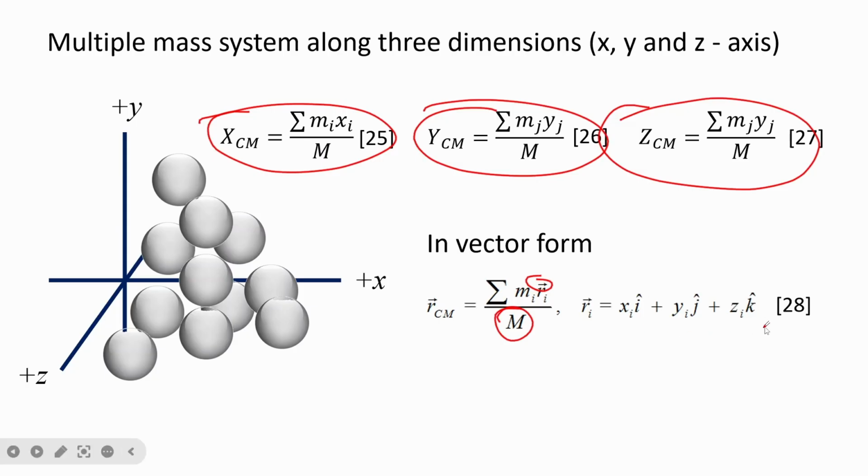So r_i indicates the position of the ith particle. For example, this is r1, this is r2, this is r3, so this is r_i. So there are many, meaning i equals 1 to the ith particle, basically, and you'll get the vector form.